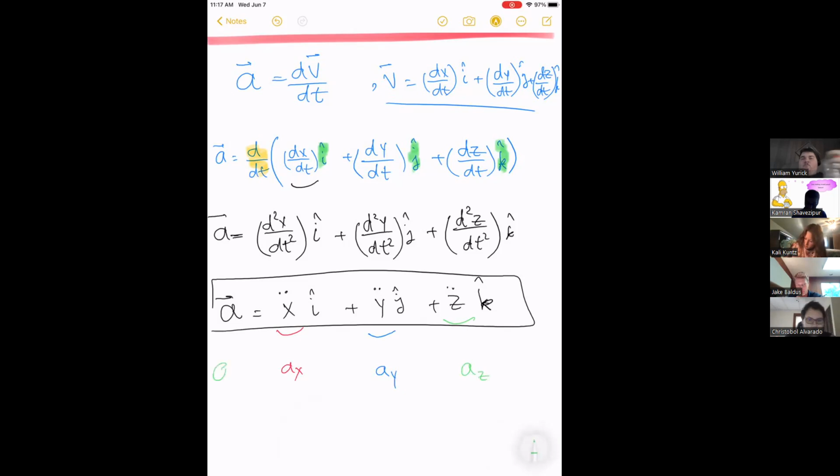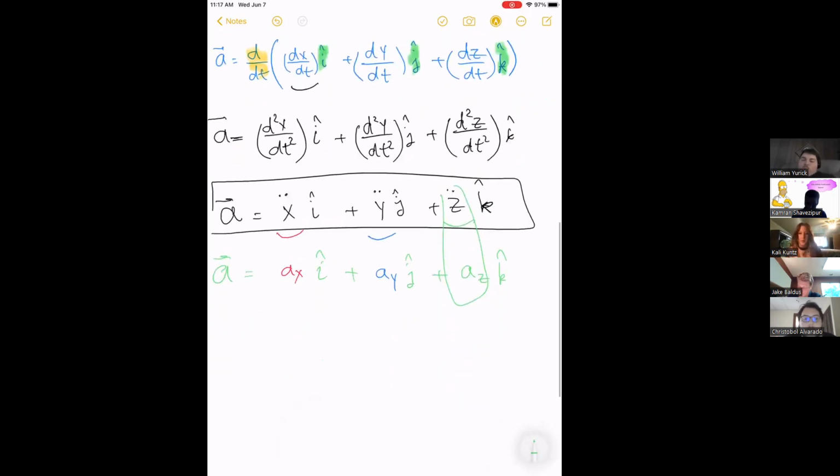So technically a is ax i plus ay j plus az k, meaning that ax is x double dot, ay is y double dot, and az is z double dot, right?